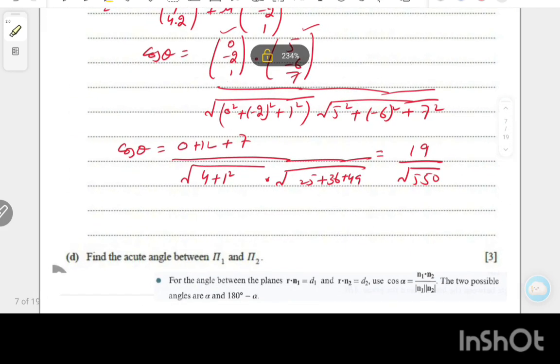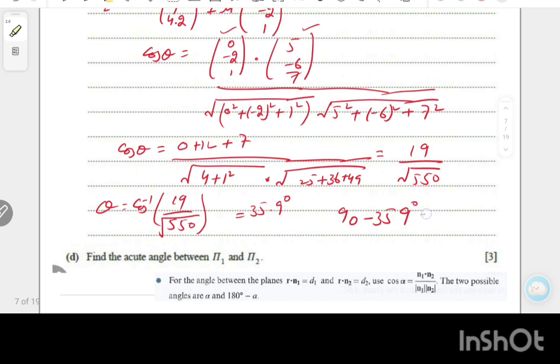So theta equals cos inverse of 19 over root 550, which gives 35.9. The angle between L2 and the plane is less than 90 degrees, so it will be 90 minus 35.9. This gives 41 degrees.